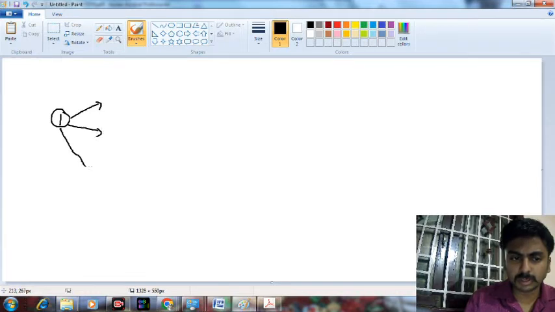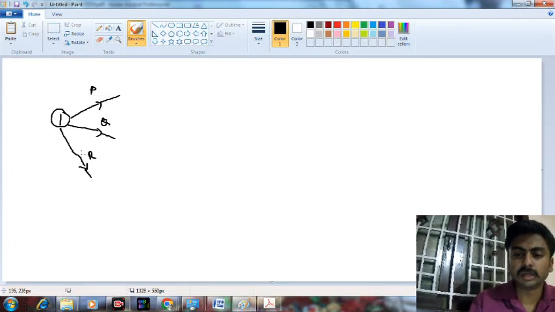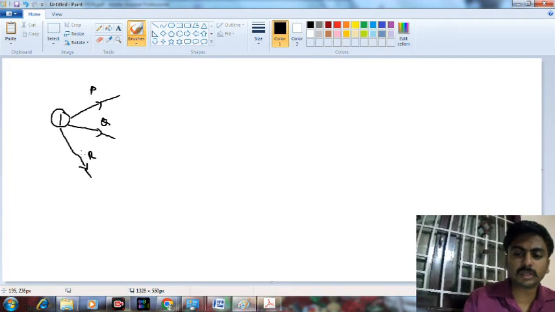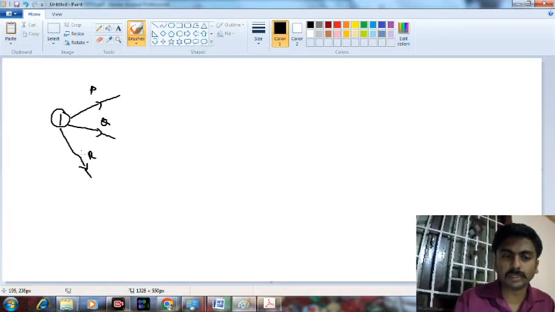Whenever we draw the activities, we have to draw arrows. The first arrow represents P, the second arrow represents Q, and the third arrow represents R. Why have we drawn like this? Because P, Q and R are the three different activities that have no predecessors.